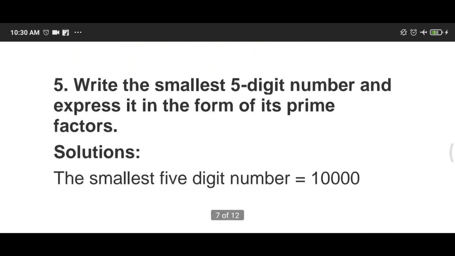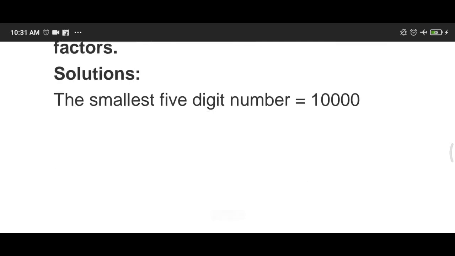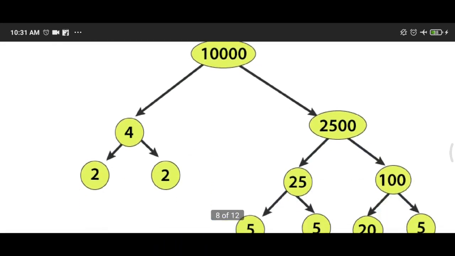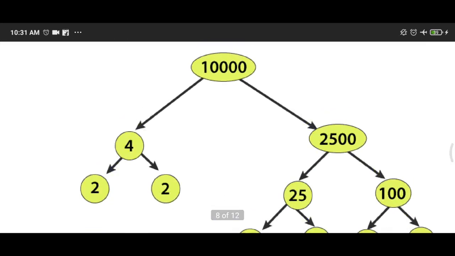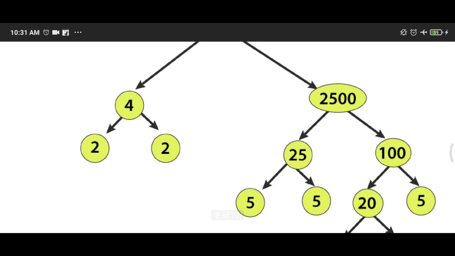Same as question number 5, write the smallest 5-digit number and express it in the form of its prime factors. The smallest 5-digit number is 10,000, and you can see the prime factorization of 10,000 here. 10,000 we have written as 4 and 2500. 4 we can write as 2 twos, and 2500 we can write as 25 multiply 100.